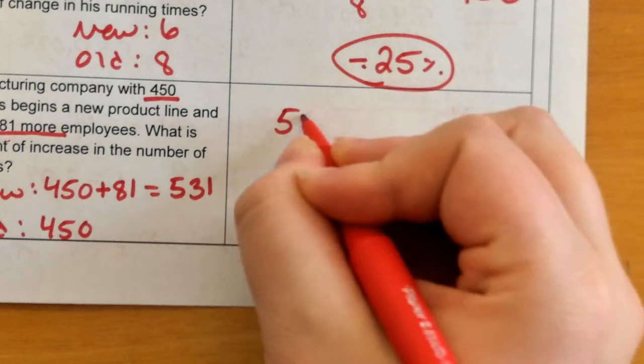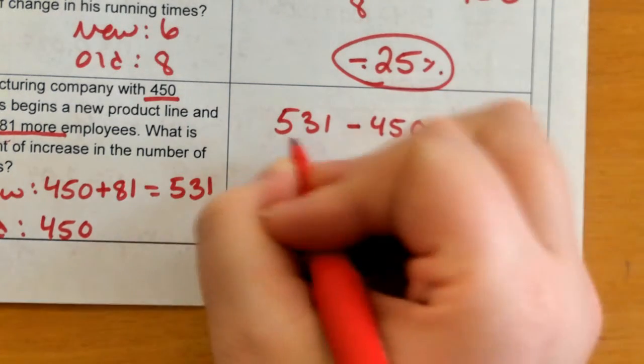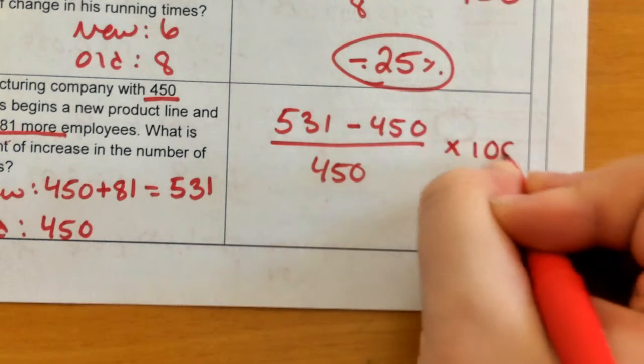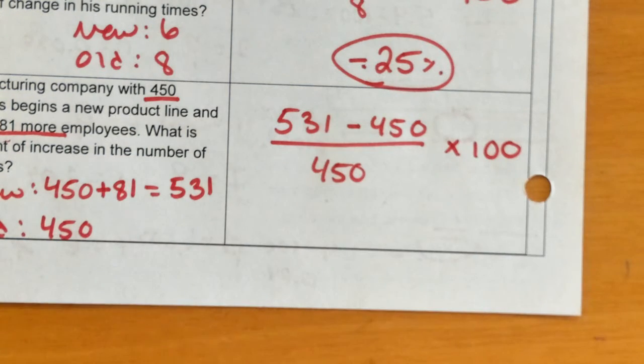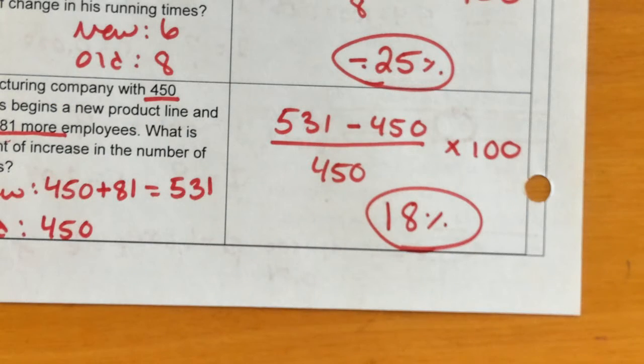Our new number, 531, minus our old, divided by our old, times 100. 531 minus 450 equals, divided by 450 equals, times 100. And we get a nice 18%.